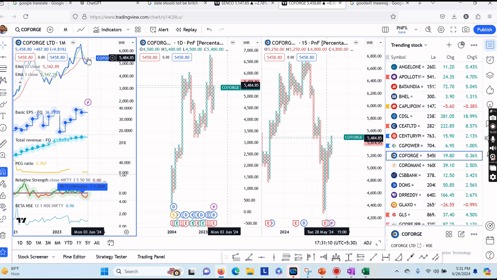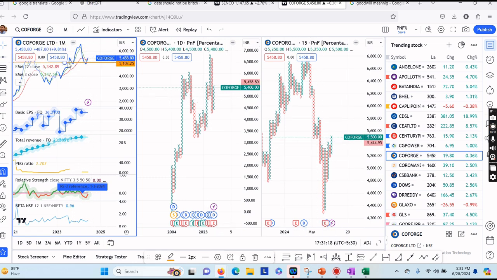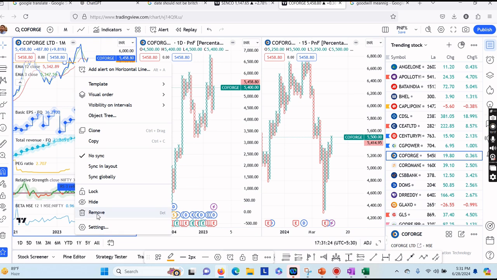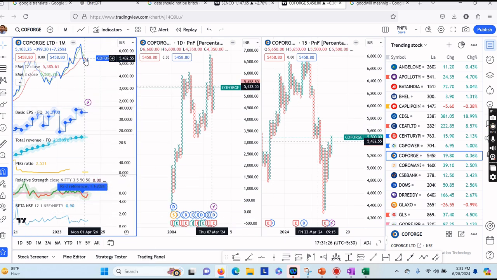Beta is still good, so I will wait some time for it to cross this line. Sorry, I think it is a very small screen. If it crosses this line, in that case I can go for this stock, until then I'll have to wait.